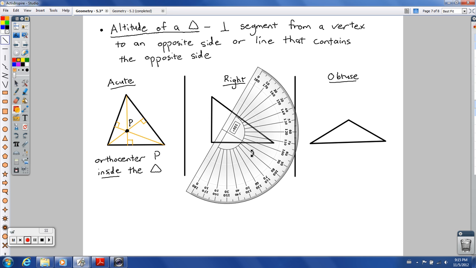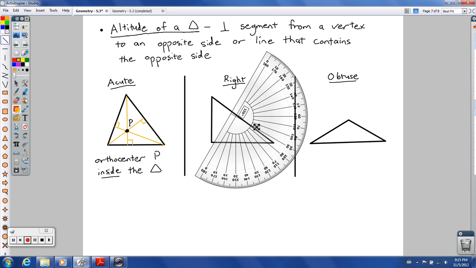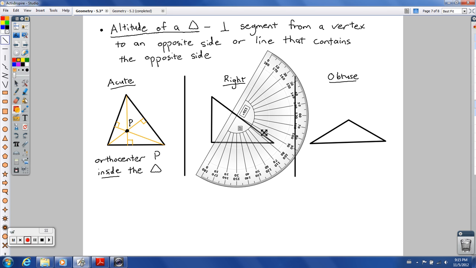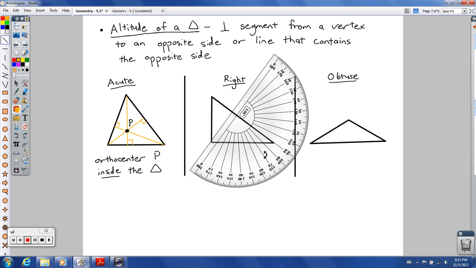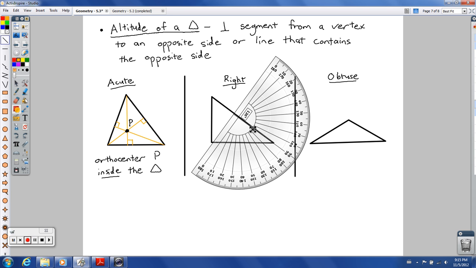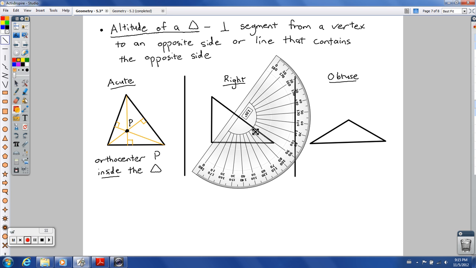We need to line this right up with 90. So right now it's not lined up with 90, it's more like lined up with like 84-ish, something like that on that side. So I need to line it up. There we go. So it's lined up with the 90-degree mark. It's not lined up quite right with the vertex yet, so there we go for that. And just move that up just a little bit, and looks like we're good to go now.